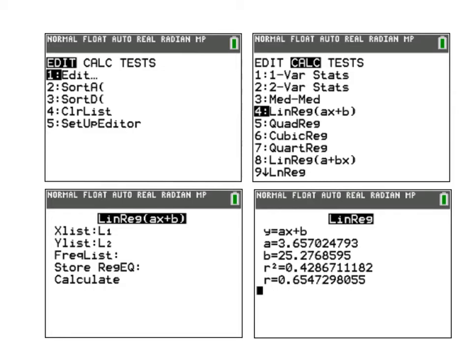I believe we want to find it to the nearest thousandth, if I remember correctly, on your paper. So we want to write it out as y equals 3.657x plus 25.277, rounding up the last digit. Okay, so keep this screen open. I'm going to go to the next slide so we can jot down this information.